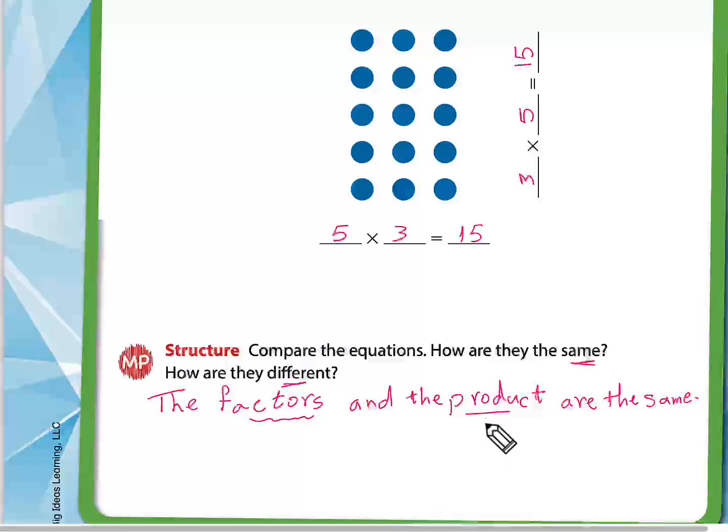Anyone? Excellent, Ahmed. Excellent, Khalid. So the order of the numbers is different. The order of the factors, the numbers that we are multiplying, is different.